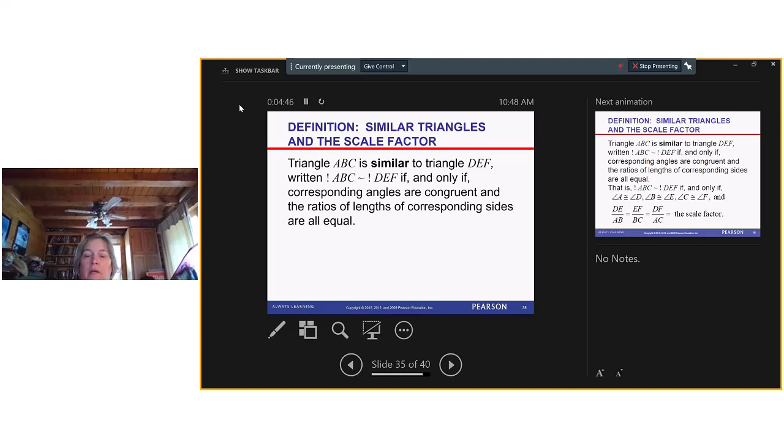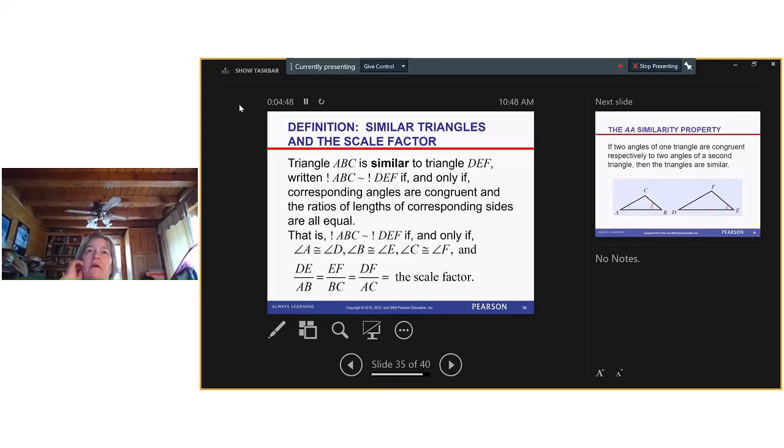And we're going to look at those, but something to add to that is that angle A is congruent to angle D, and angle B is to E, and C is to F, because these are written ABC.